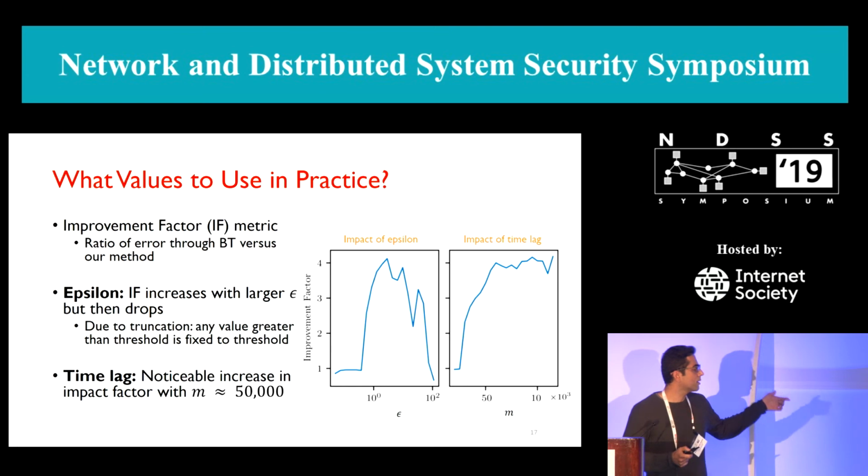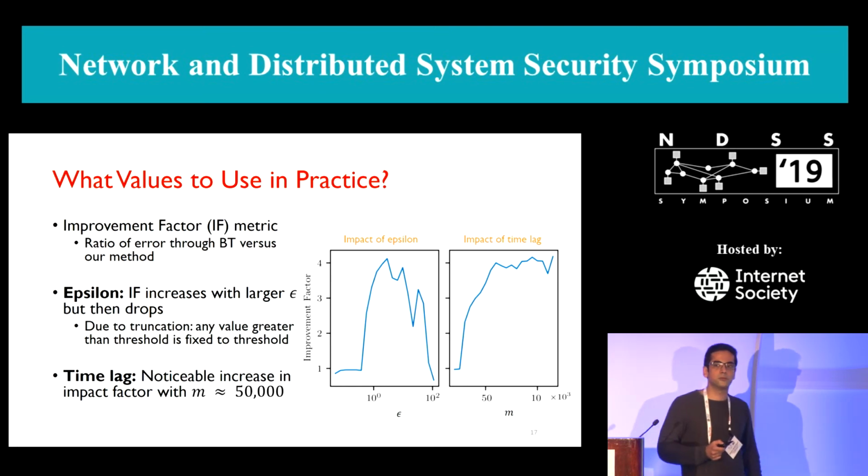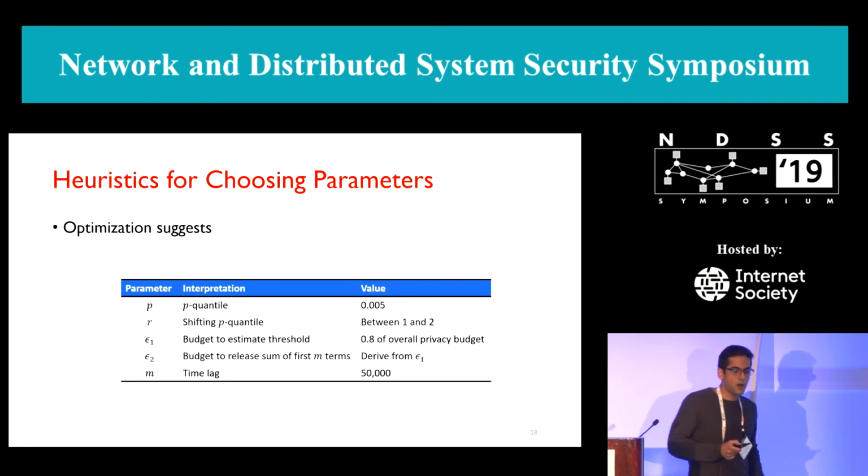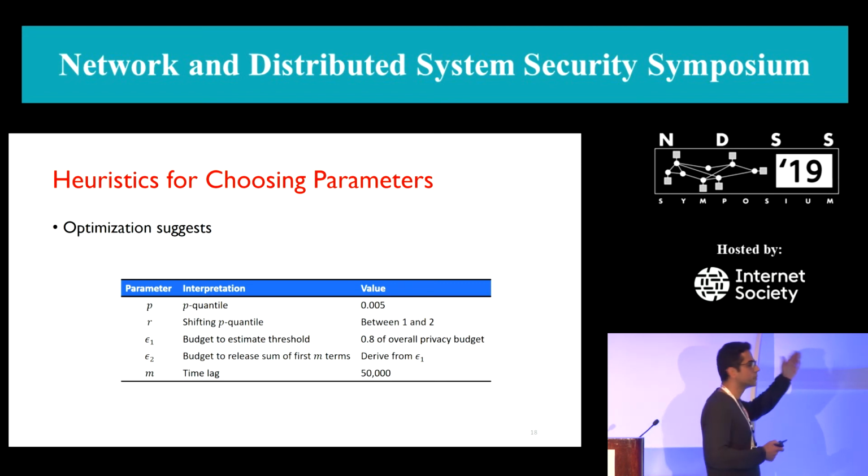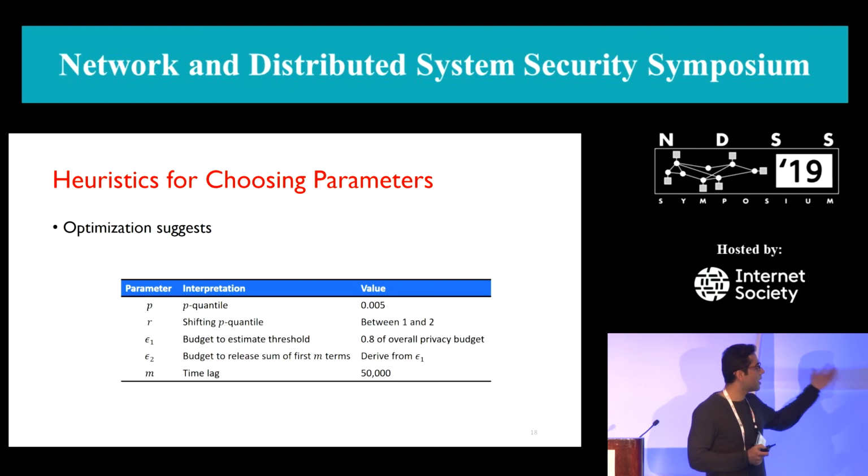For the time lag, as we increase m around 50,000, we see a noticeable increase in the improvement factor. In the paper, we also show some heuristics on how to choose the other parameters that I mentioned, like the p-Quantile and r, and also how to distribute the privacy budget between the different steps of the global mechanism.